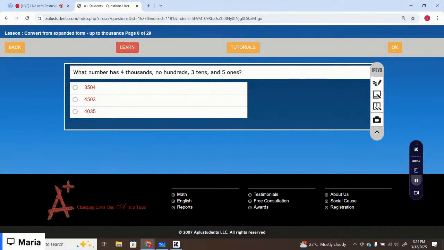What number has four thousands, no hundreds, three tens, and five ones?